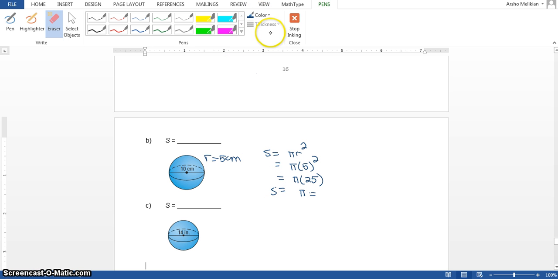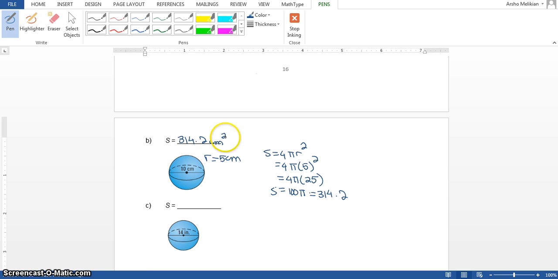Well, that makes it easier now because it's 100 pi, so it's 314.2 centimeters squared.